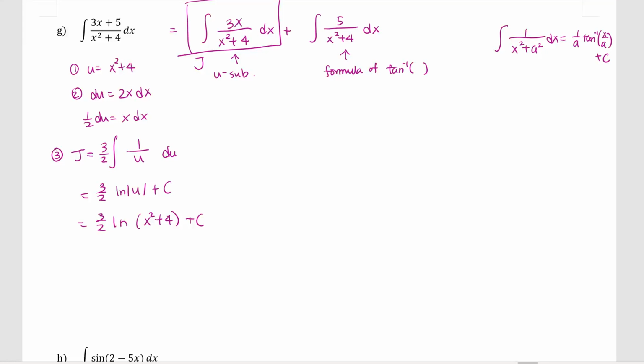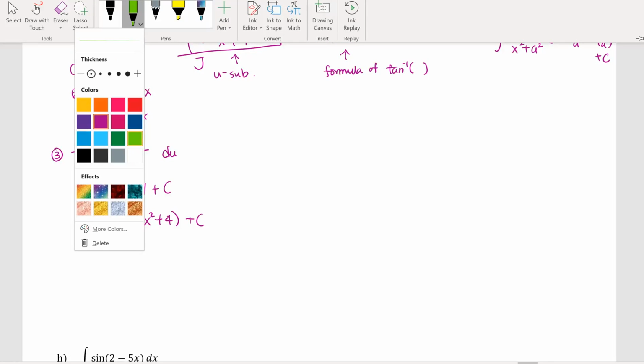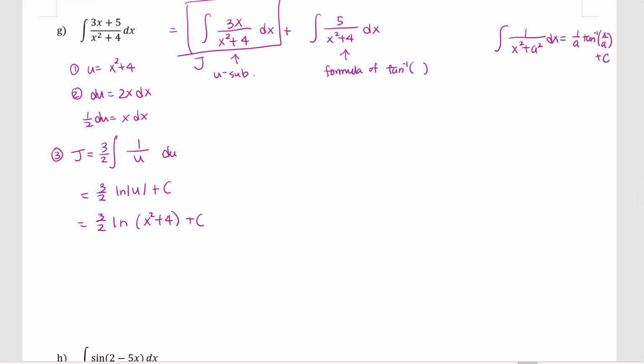Okay, and so finally our answer equals J, which is 3 over 2 ln of x squared plus 4. And plus c at the end, so you don't need plus c here again.